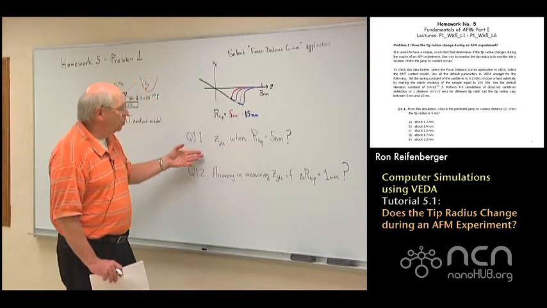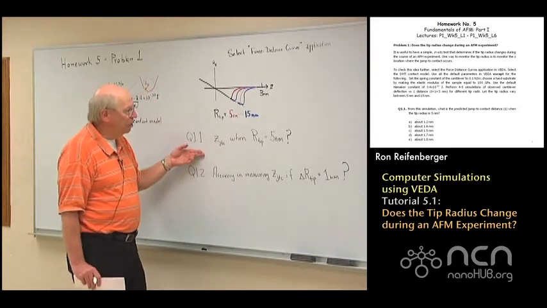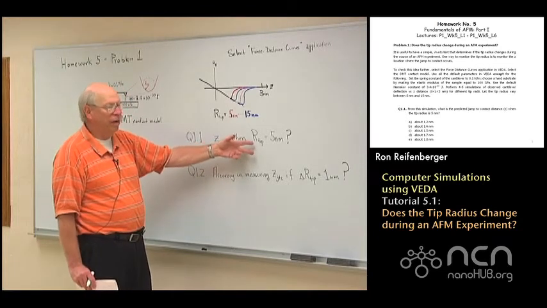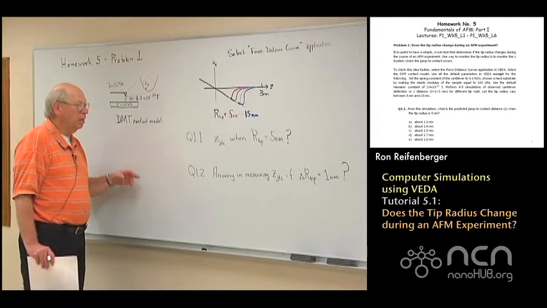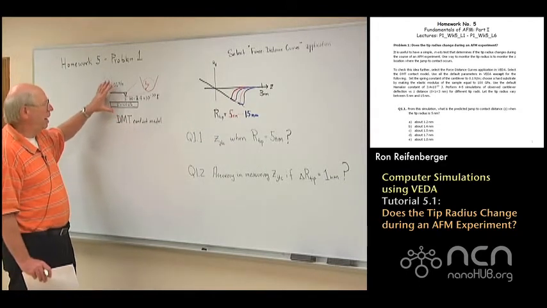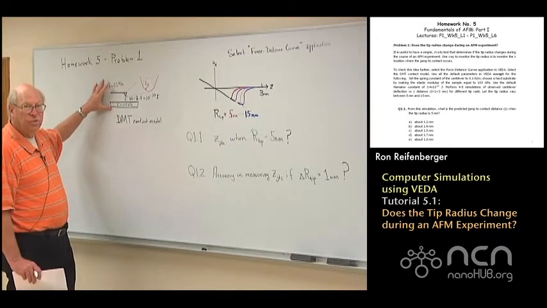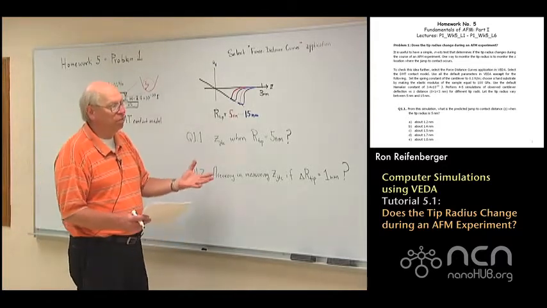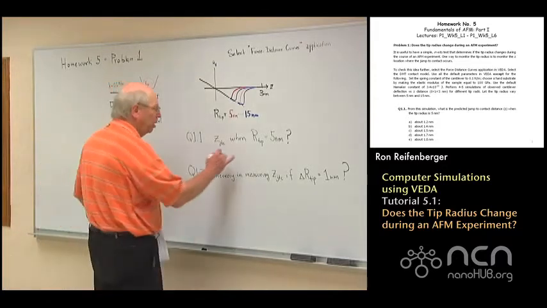So the first question is a very simple question. It asks, what's the jump to contact when the tip radius is 5 nanometers? That value for jump to contact assumes that you use these input parameters, and it's basically just a check to see if you've done the simulation properly.